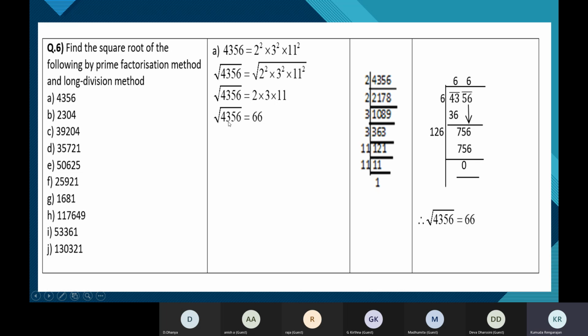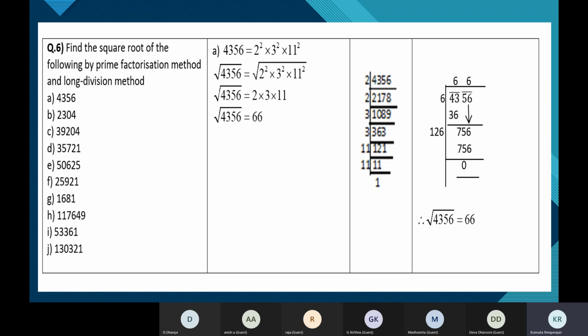Which means the square root of 4,356 is 66. The square of 66 is 4,356. When you read it like this, the square of 66 is 4,356. The square root of 4,356 is 66.